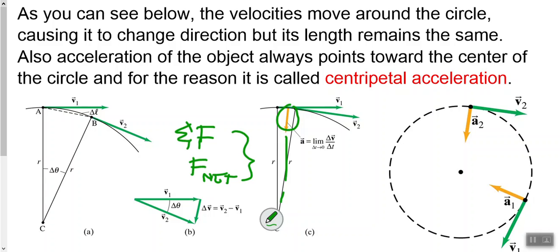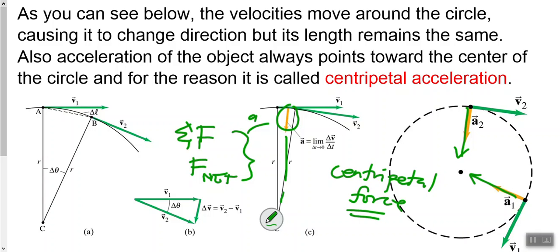That causes the object to undergo acceleration, which points towards the center, because the force applied gives the direction of the acceleration. And that force is called centrifugal force, the force that draws it to move towards the center.